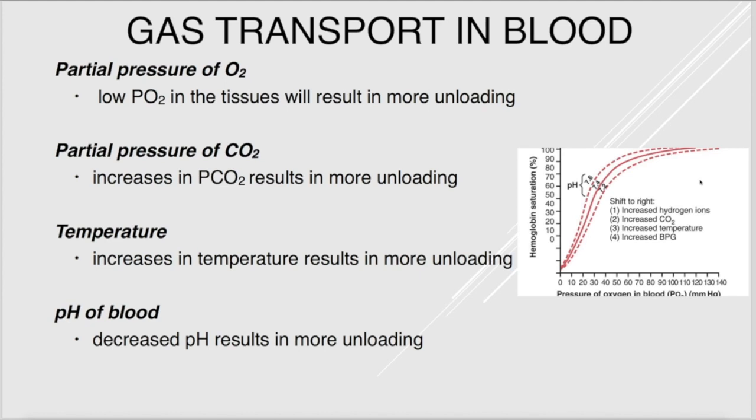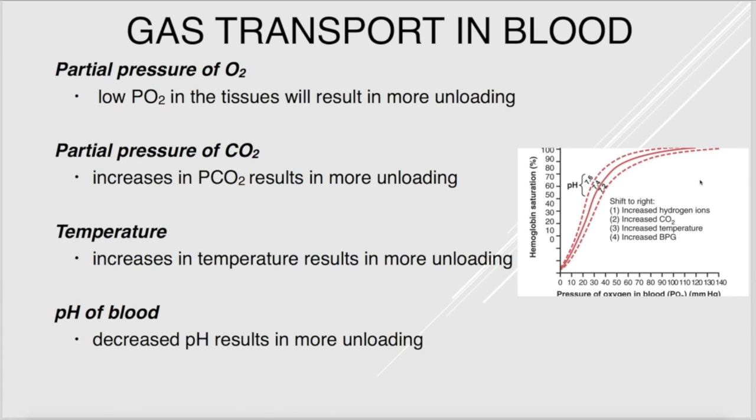As temperature increases, hemoglobin is going to unload more oxygen. And also, as pH drops, the hemoglobin is going to unload more oxygen. And again, that makes sense. If there's a decrease in pH, that tells the body that CO2 levels are probably rising or possibly rising.